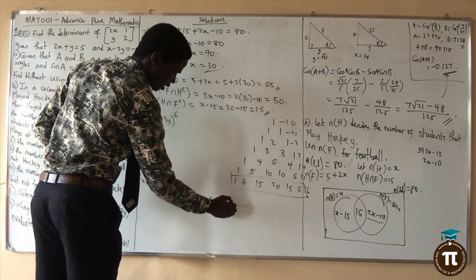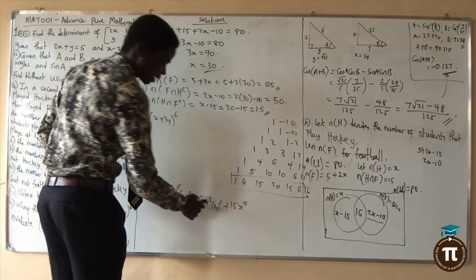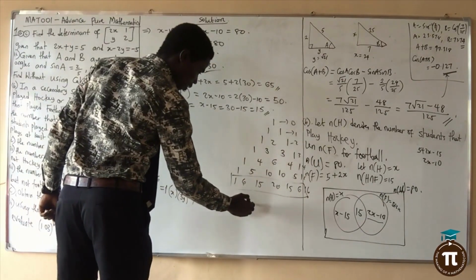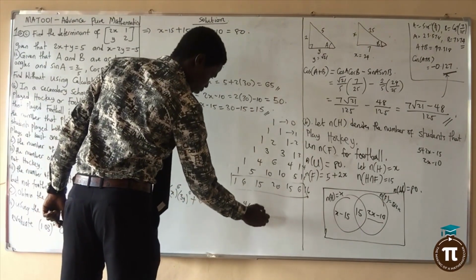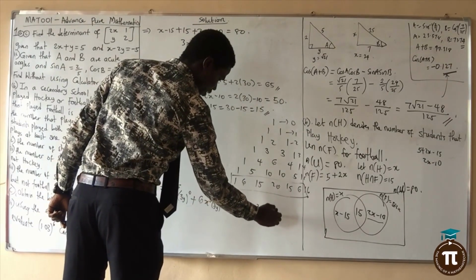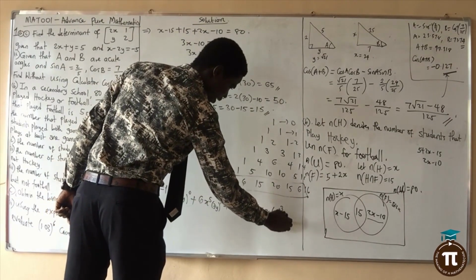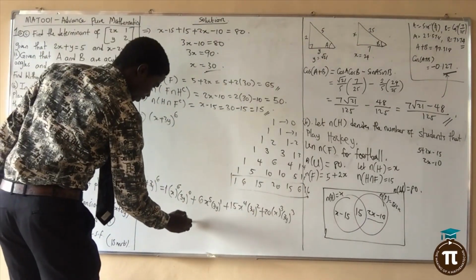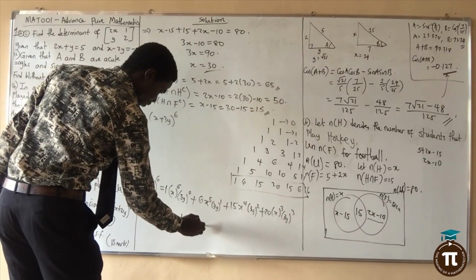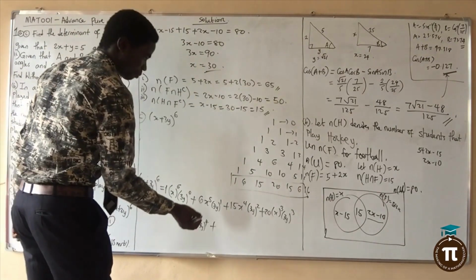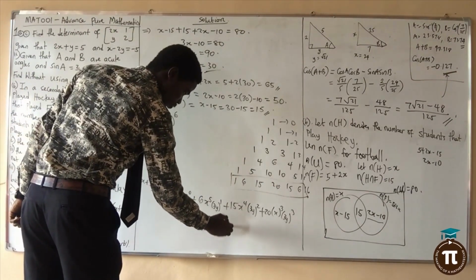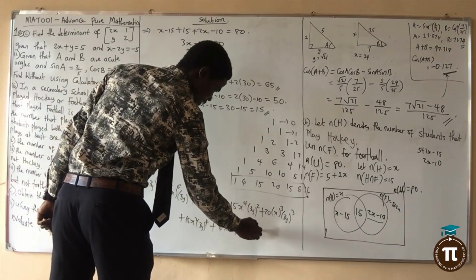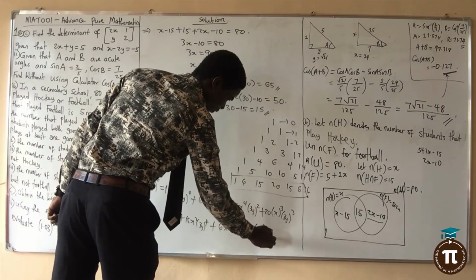Plus the next one, 15. This one will be x raised to the power 4. You see, the power of x will be decreasing, while the power of 3y will be increasing. 3y raised to the power 2, plus the next thing, 20 x raised to the power 3, 3y raised to the power 3, plus the next one again, 15 x raised to the power 2, 3y raised to the power 4, plus 6 x raised to the power 1, 3y raised to the power 5, then lastly plus 1 x raised to the power 0, 3y raised to the power 6.